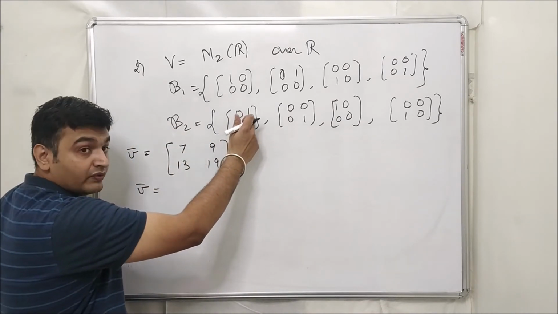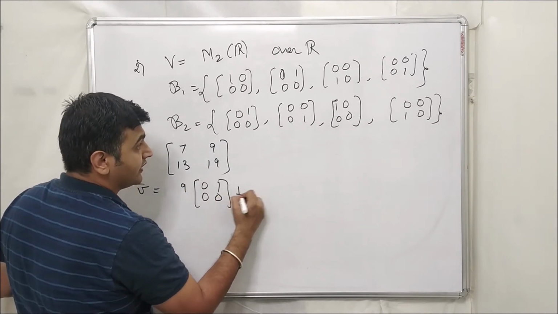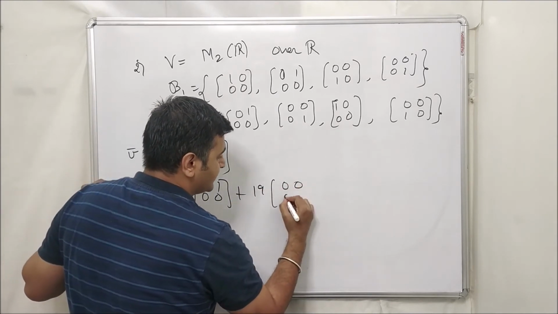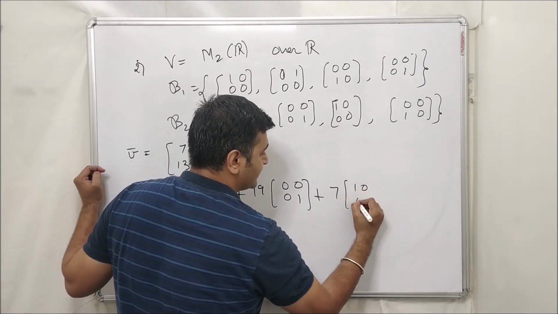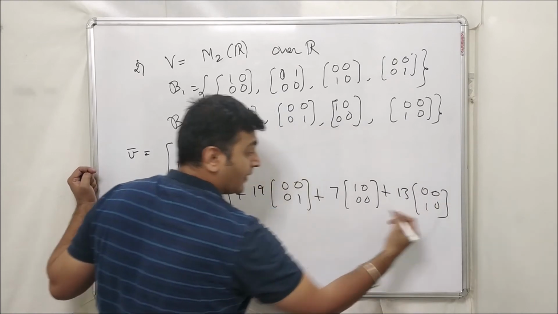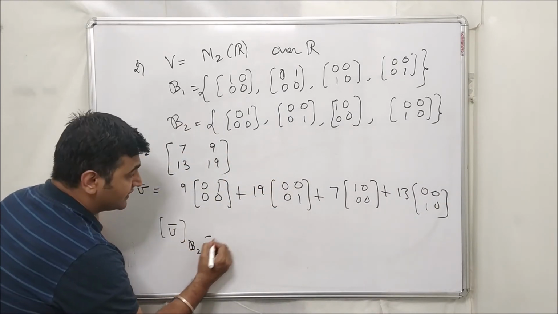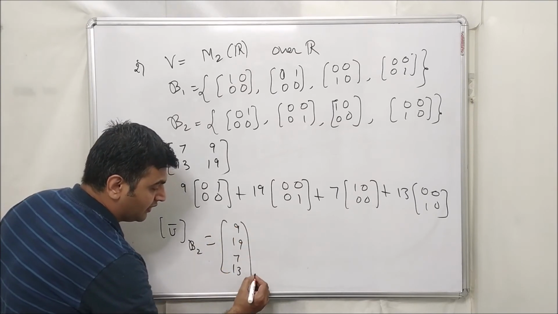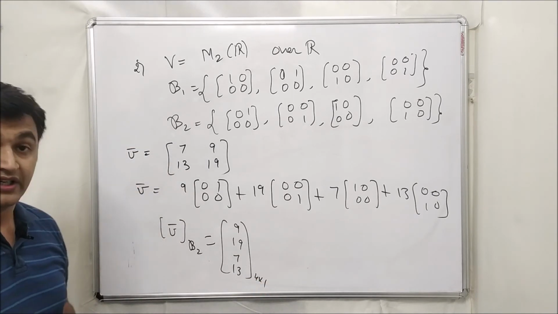You have 1 first over here, so you take 9 times (0,1,0,0), then 1 at the last, so 19 times (0,0,0,1), plus 7 times (1,0,0,0) plus 13 times (0,0,1,0). Therefore the coordinate vector with respect to the basis B2 is 9, 19, 7, 13, which is 4 cross 1.